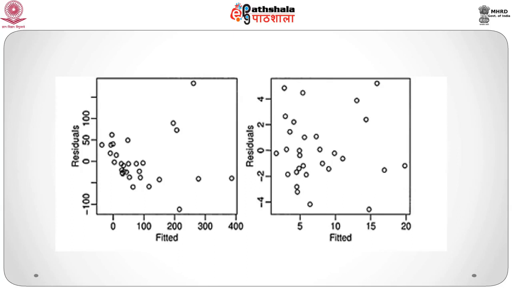Common transformations for the case where we have counts are the log transformation and the square root transformation. If you wish to get a more objective method of determining the appropriate transformation, you can also use Box-Cox transformations.